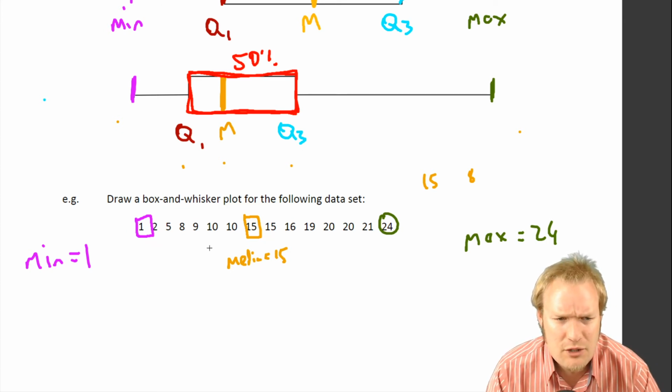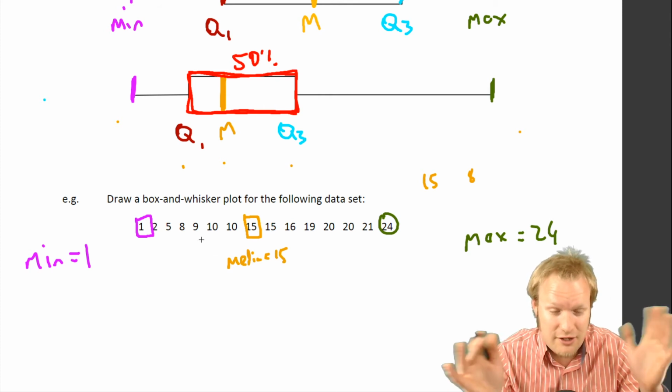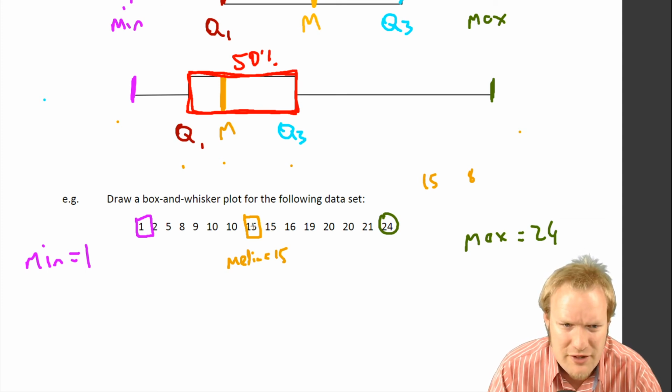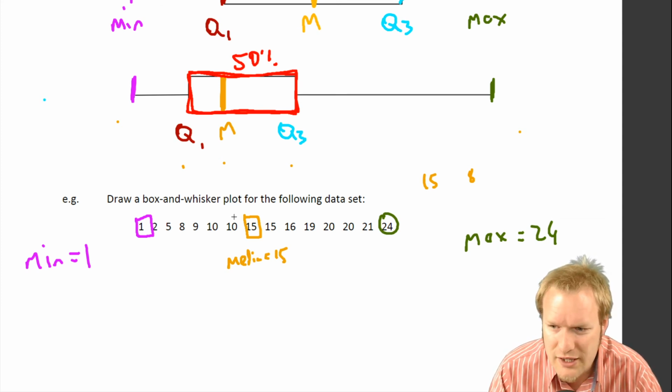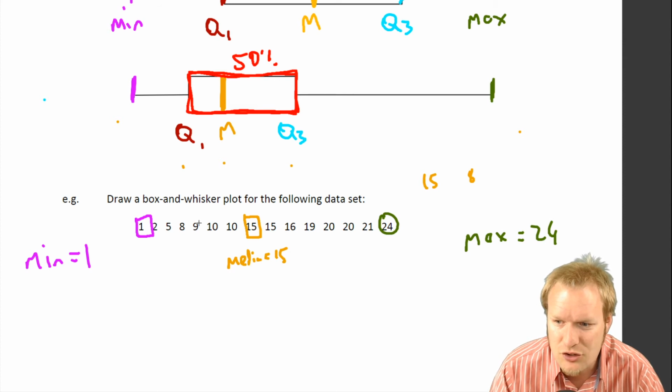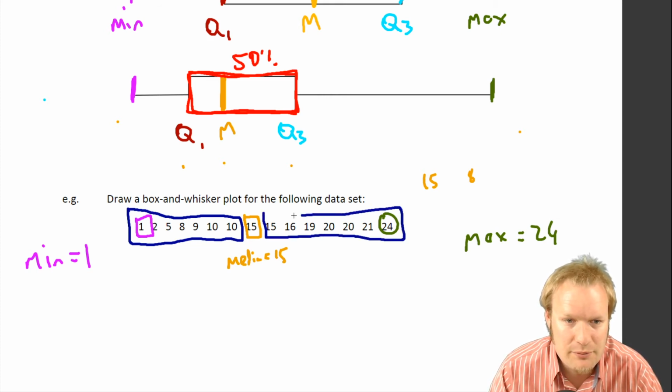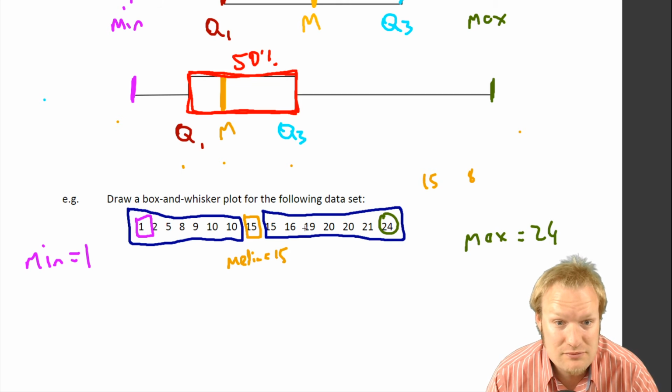Now, from the last one we said neither of these is perfect. Each has its flaws. What we're going to do is say we've accounted for this middle bit, so let's split this into 2 like this, so that we don't include that middle number on each side.